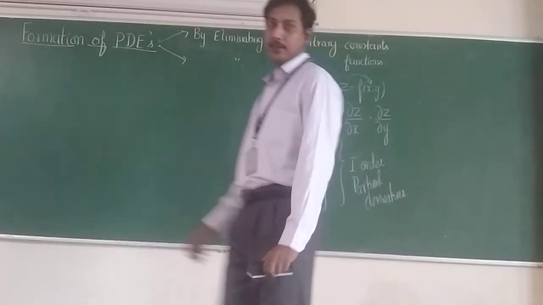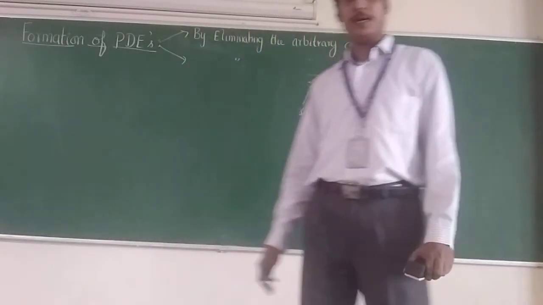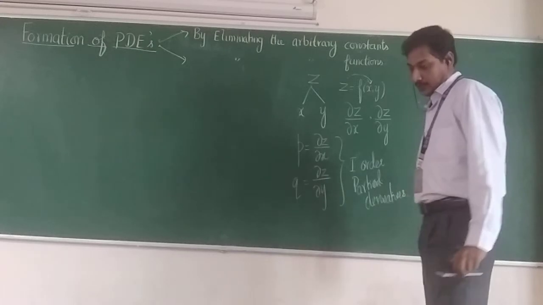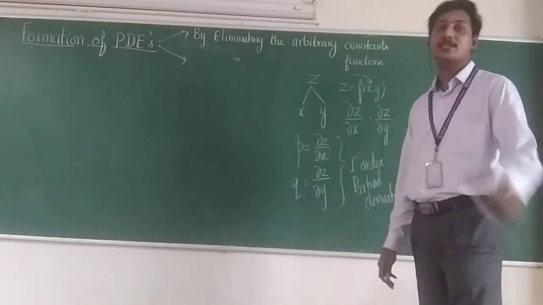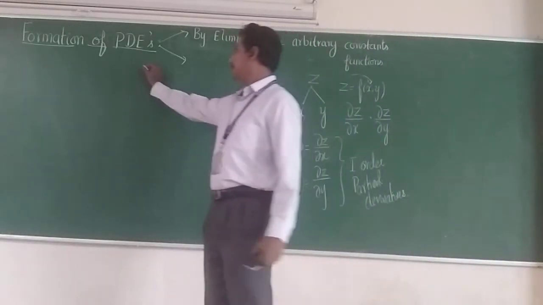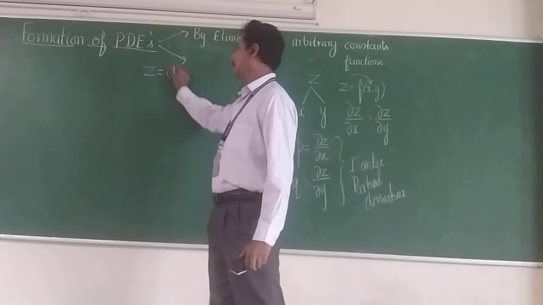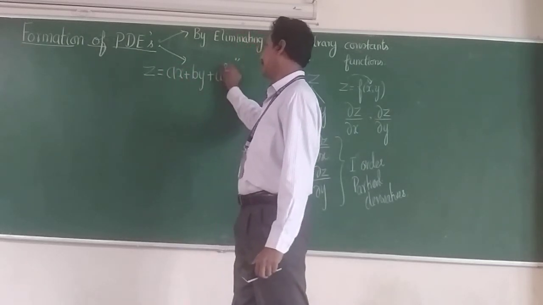What is example number 1? I am going to form the partial differential equation. Suppose in the given relation there are some arbitrary constants. Let us say z is equal to ax plus by plus a squared minus b squared.